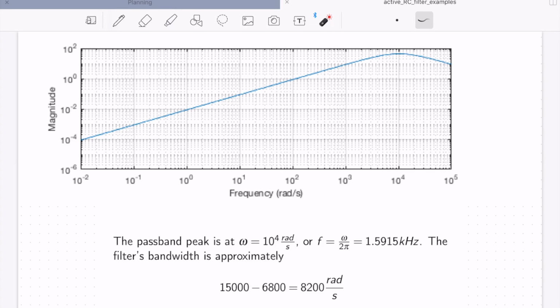And you end up with 15,000 minus 6,800, which gives us about 8,200 radians per second. We can divide that by 2 pi, and we get about 130.5 hertz. So that means that the passband peak is at 1.5915 kilohertz, and the width of the passband is about 130.5 hertz. So it's very narrow.